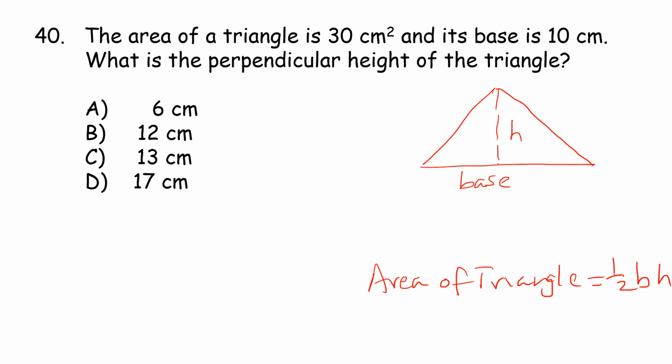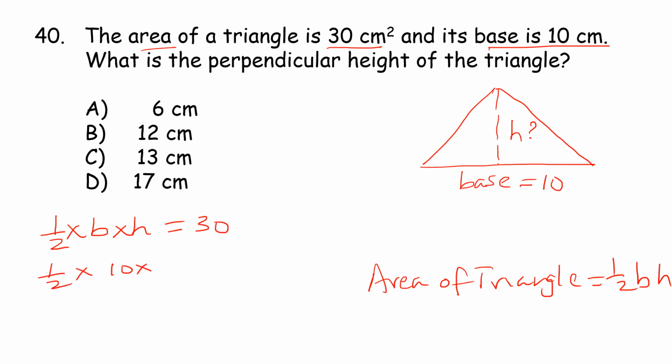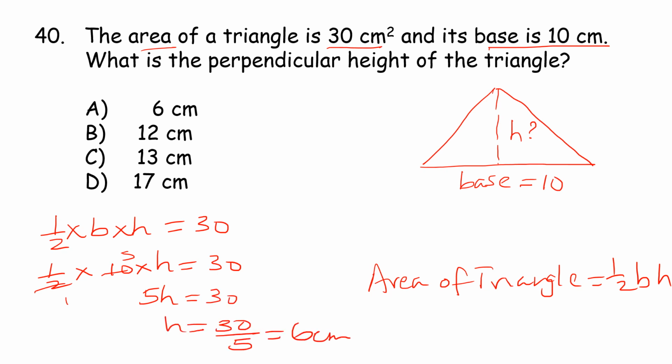They said that the base is 10 centimeters and we don't know the height, and the area is 30. So we have half times the base times the height is 30. So half times 10 times h. Half of 10 is 5. We get 5h equals 30. So the height will be 30 divided by 5, which is 6 centimeters. So the answer is A.